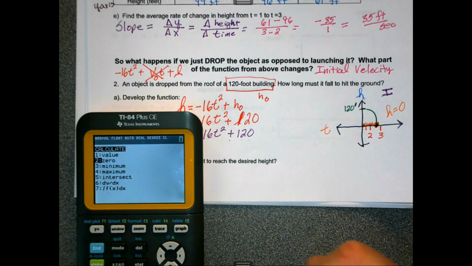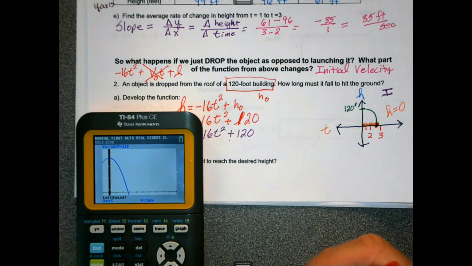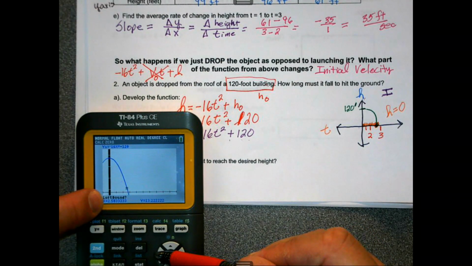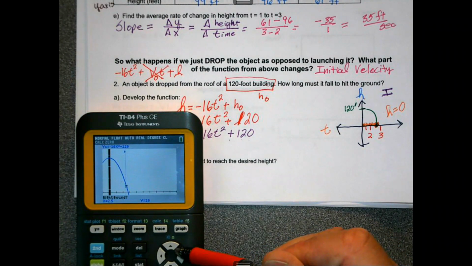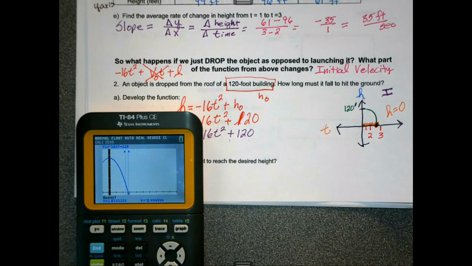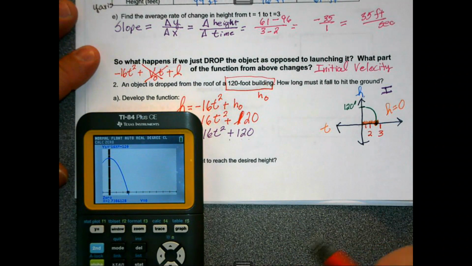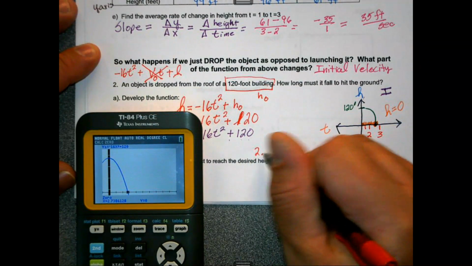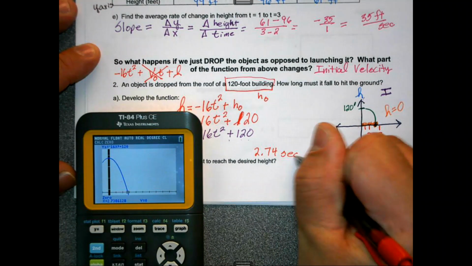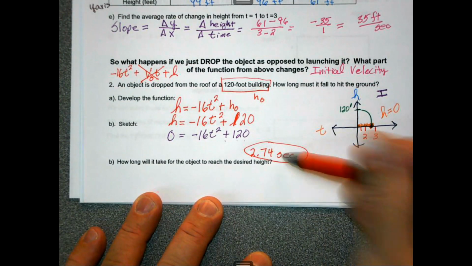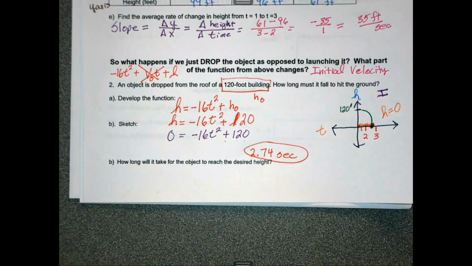So I'm going to highlight zero and do my left bound. Let's see, I have to get back to 2. There it is. Hit enter. Then my right bound, hit enter, and hit enter again. And my zero is at 2.74 seconds. So it hits the ground at 2.74 seconds.